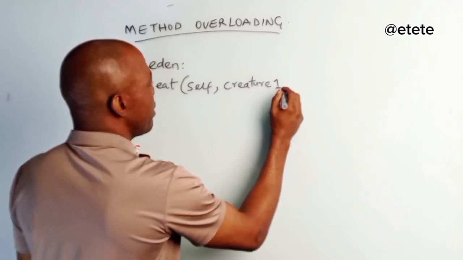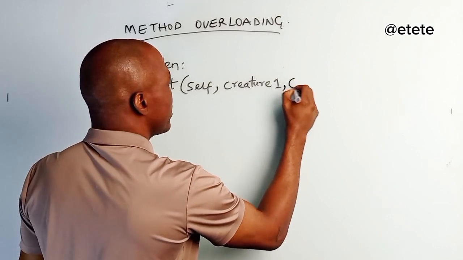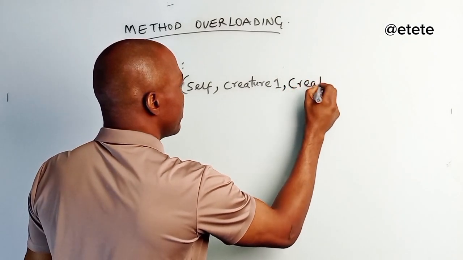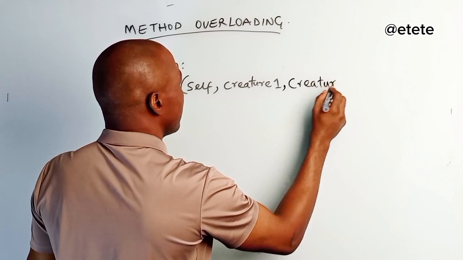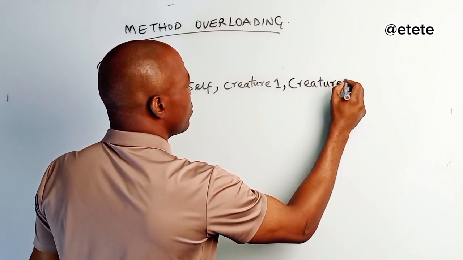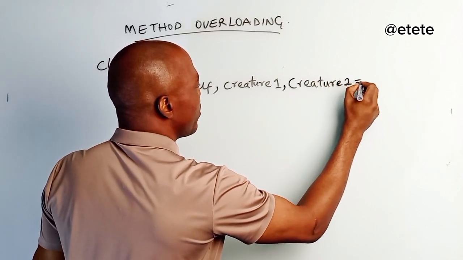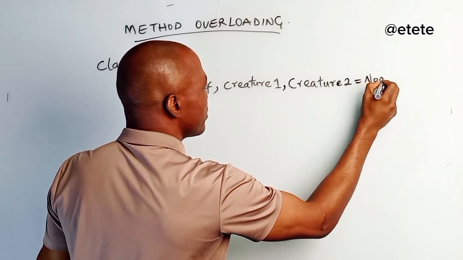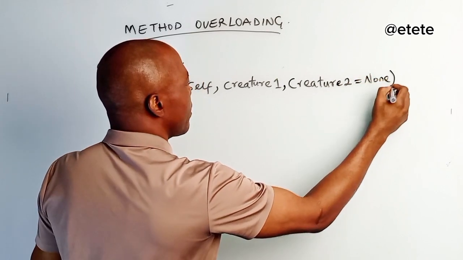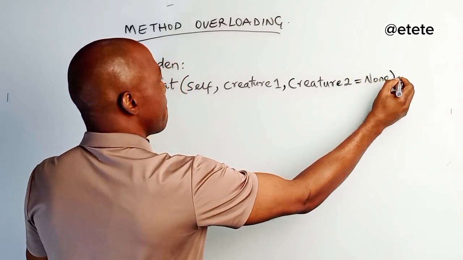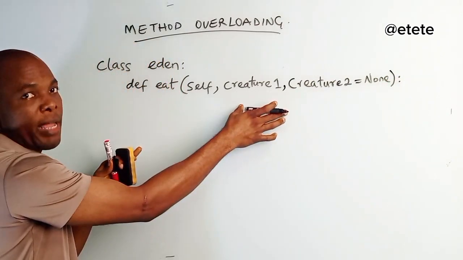And I will come here. Then I will create creature 2, right? And I will assign none to it. So this is what I'm going to do.